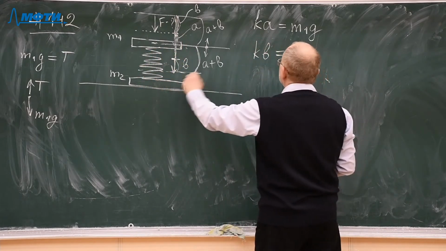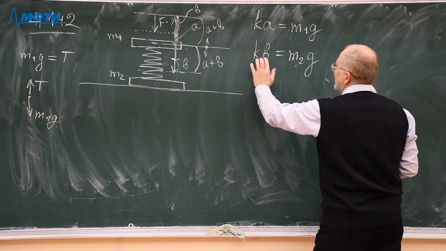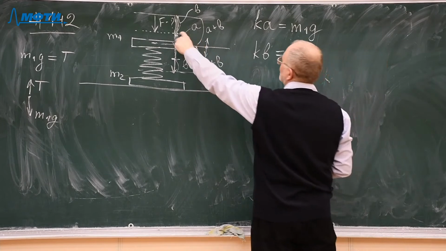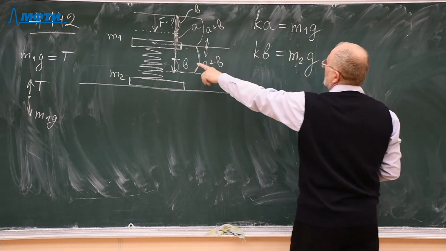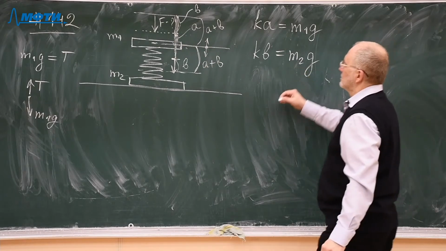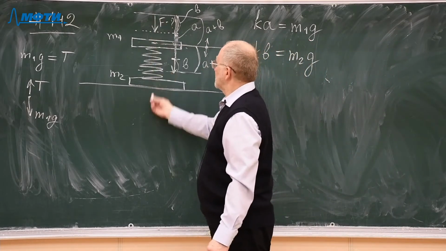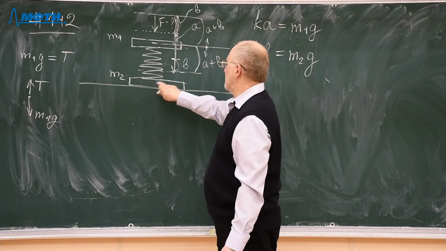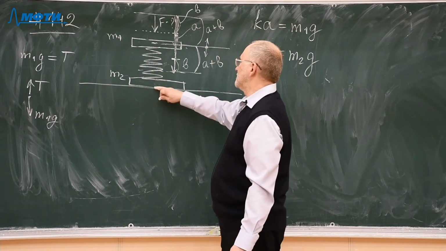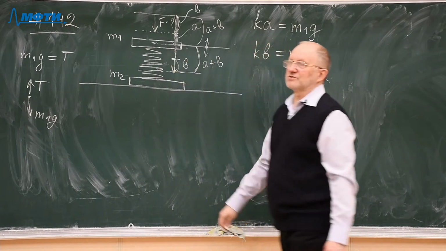And it happens when the elastic force of spring deformation, which is k times displacement, equals the weight of the lower plate. Then the extended spring will be able to lift the lower plate a little bit from the surface of the table.